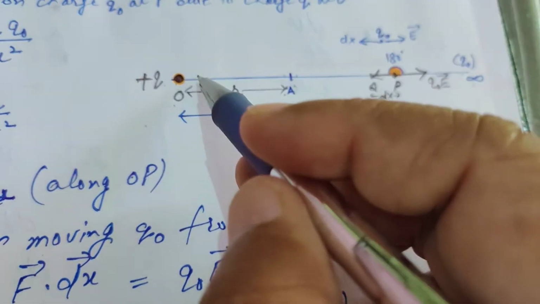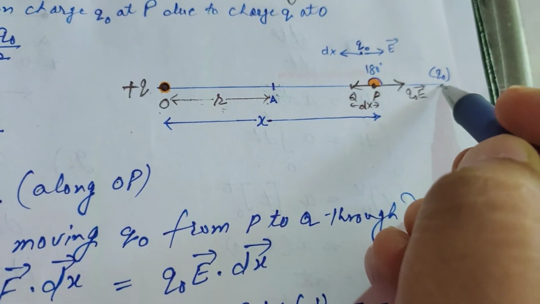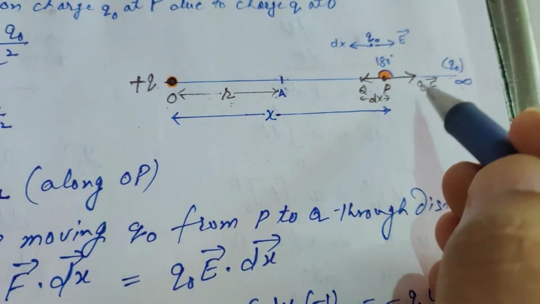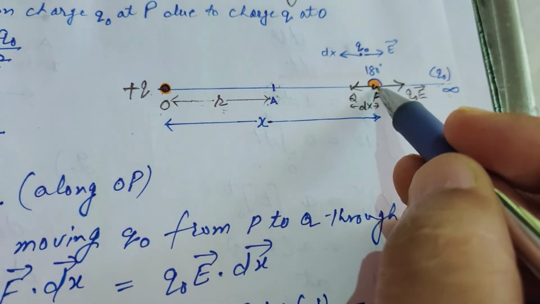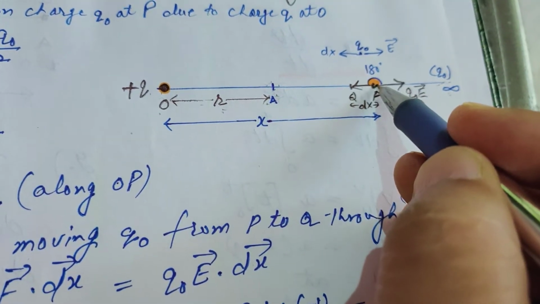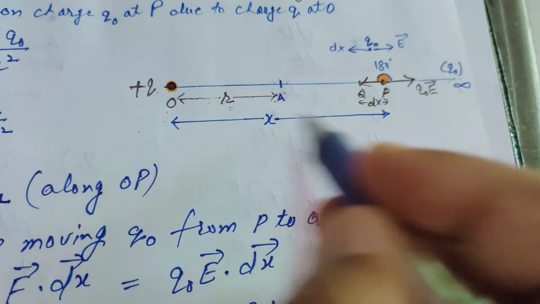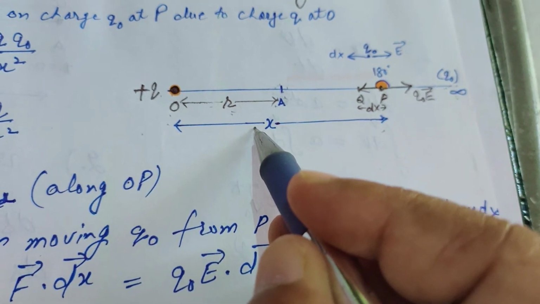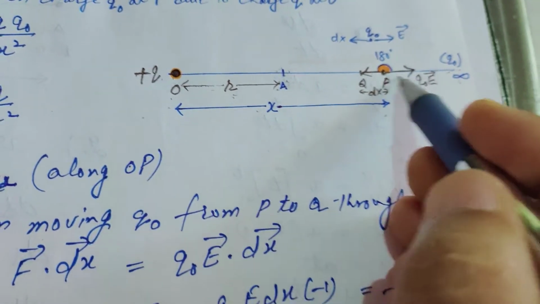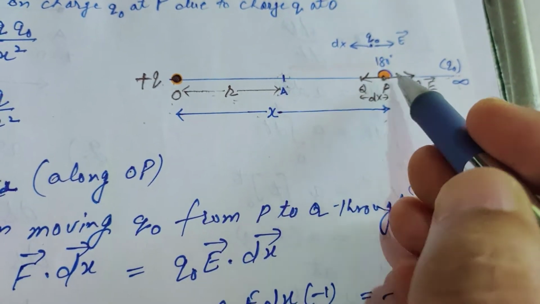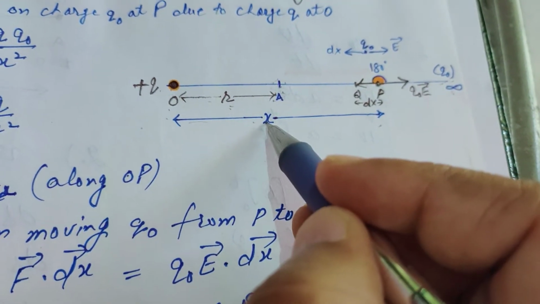So to start with, let us suppose we are bringing q naught to point A, and at any time this q naught is at point P, such that OP is x. I am bringing q naught, and at present I am in the path, so in the path there is a point P which is at a distance x.